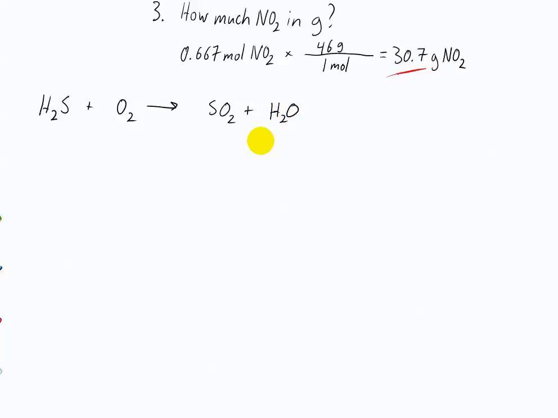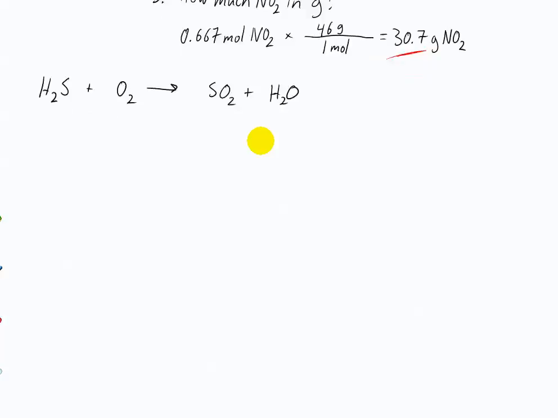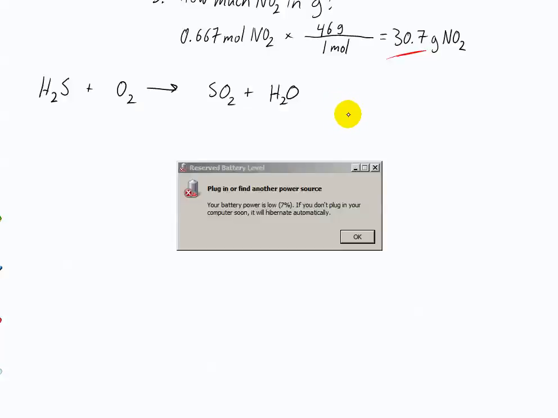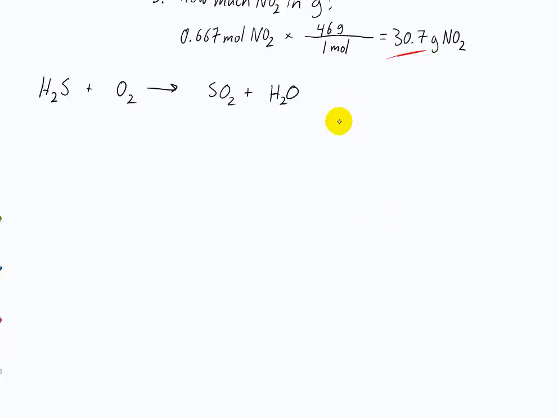So balance that equation, and then say, we're going to do the reversed one here. We're going to say we want 10 grams of sulfur dioxide. How much of the hydrogen sulfide and the oxygen do we need to put in to get that?